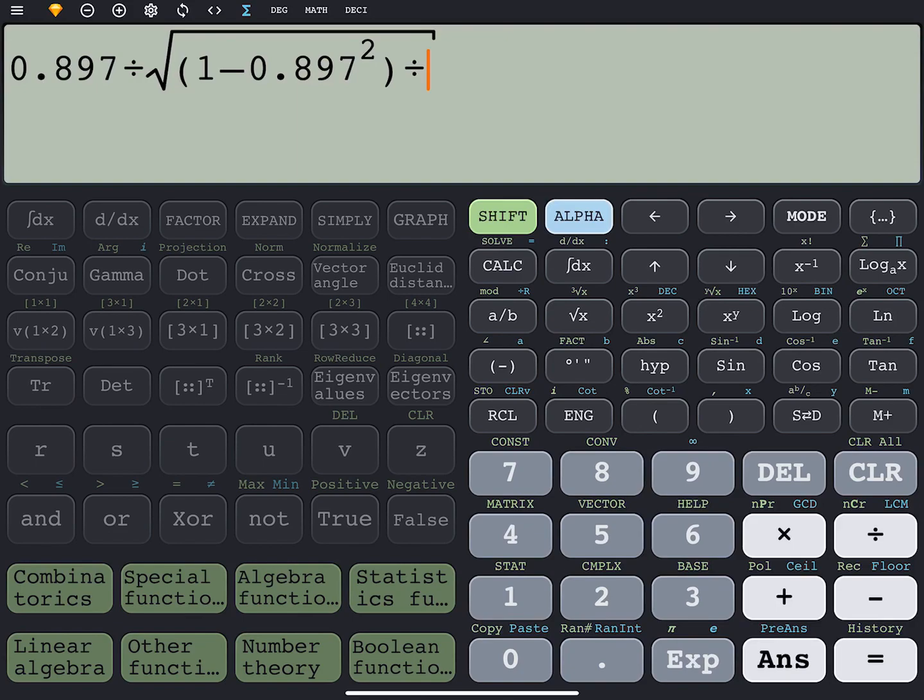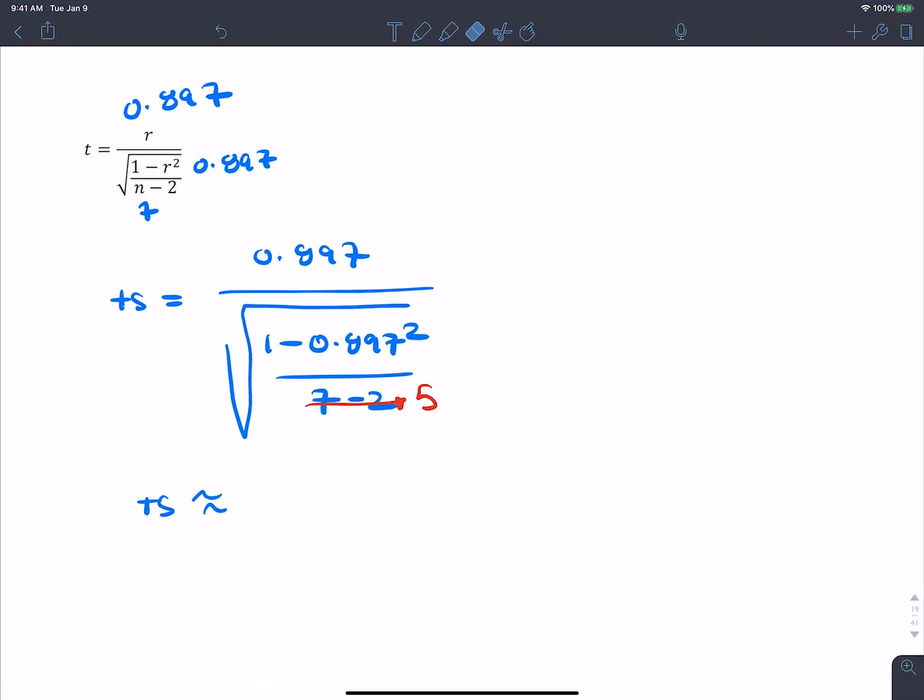Was there 7 values? Okay, what's 7 minus 2? I think I'm awake a little bit. That's 5, right? And what's the test statistic here? 4 point what? If we approximate this to the nearest thousandths, what's that going to be? 4.538. That's our test statistic.